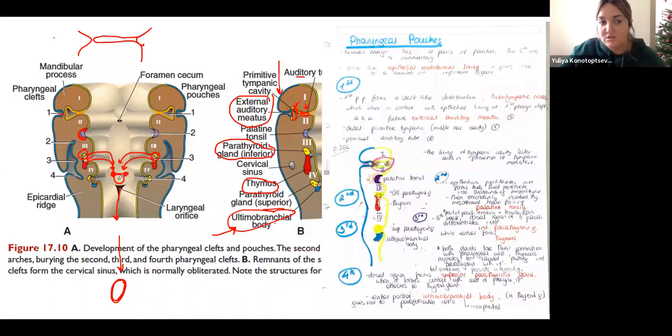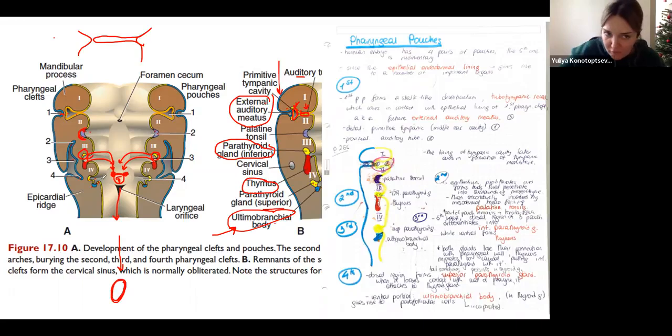So this is your thymus, and these are the two inferior parathyroid glands. In a way, they're kind of hijacking, getting a lift until a certain destination. They're attaching to the thymus, so the thymus can take them a little bit downwards.